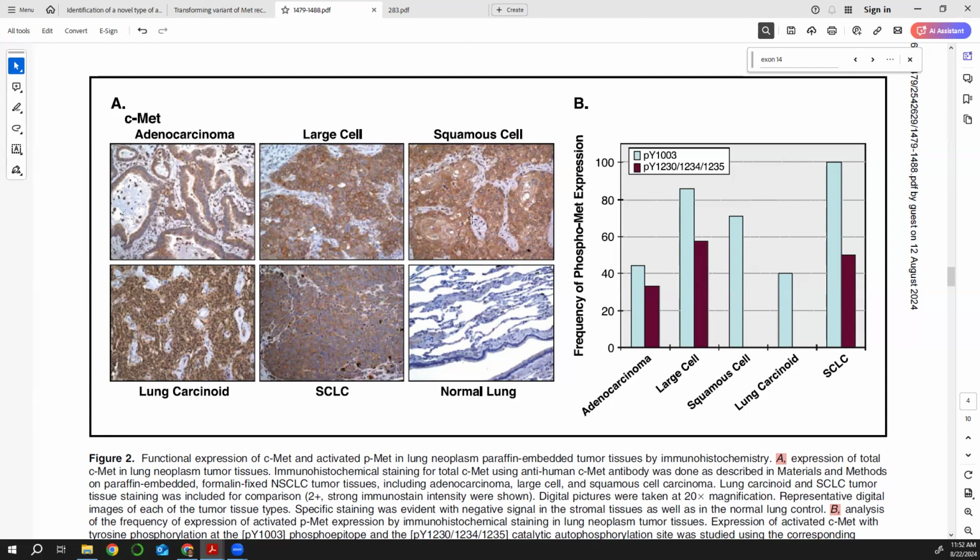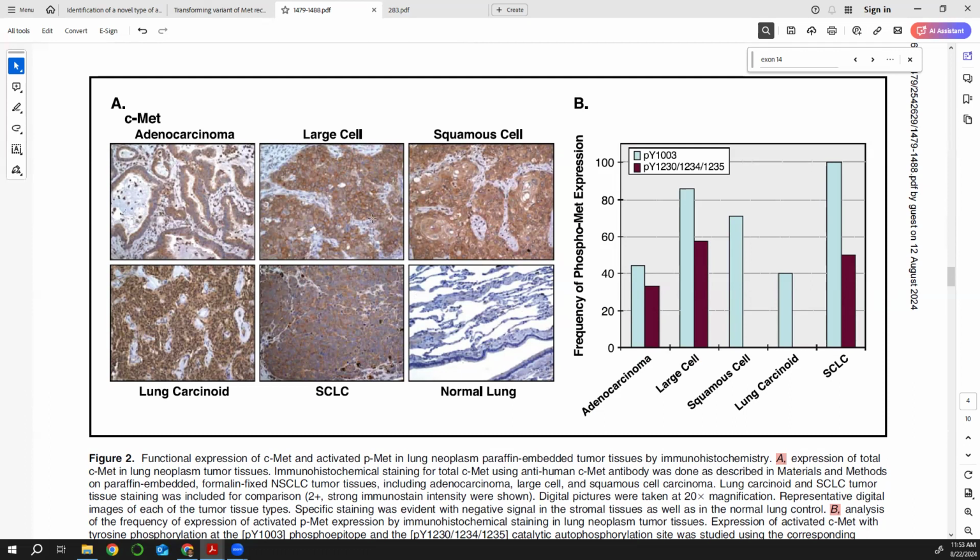Here, the immunohistochemical staining with MET antibodies shows expression of MET in various types of lung cancers. Okay, what is important, though, is that it does not appear to be expressed in normal lung tissues at any significant level, but at fairly higher levels in these cancers.